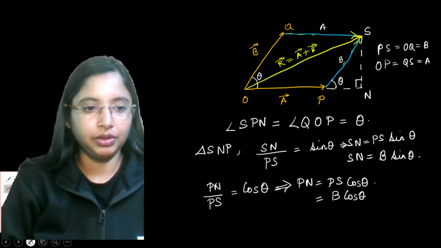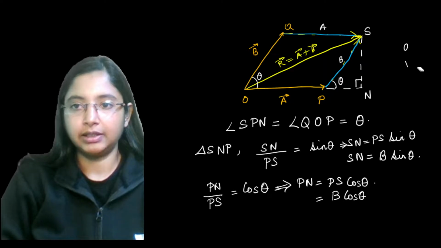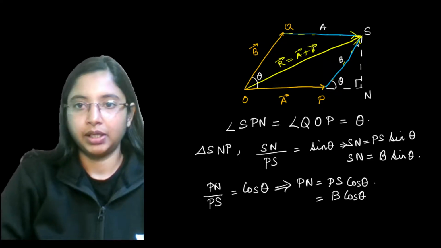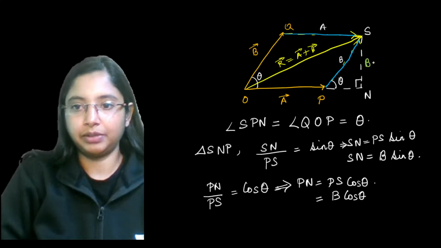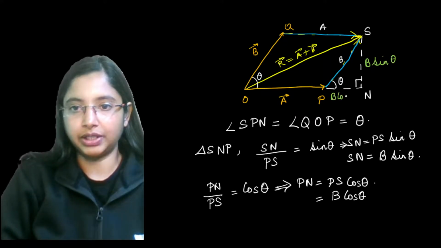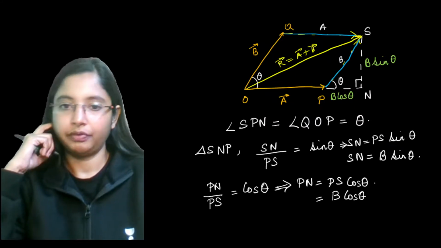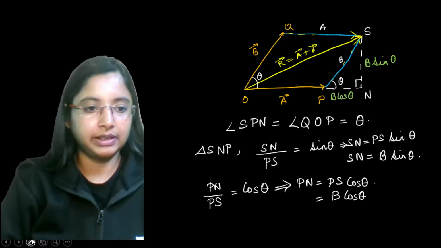So this length over here is B sin theta, and this length over here is B cos theta. PN is B cos theta. Now I'm going to erase this and let's start.